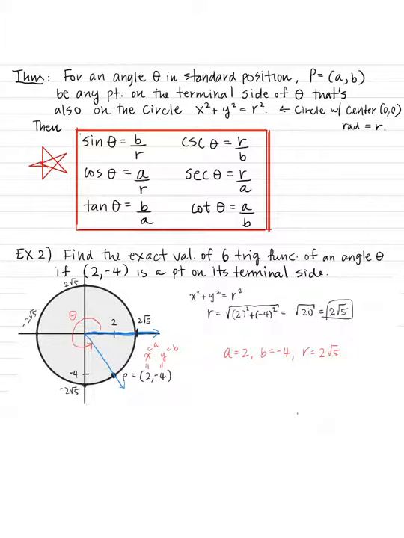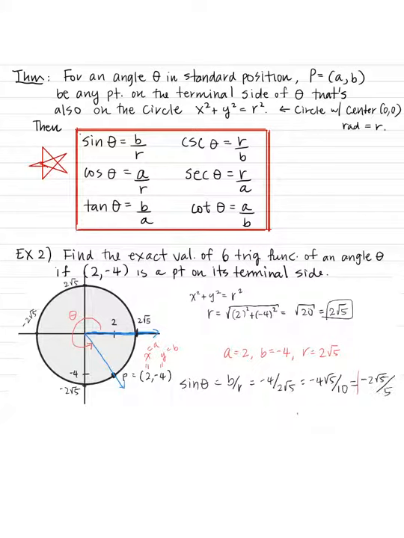So this means what then? Sine of theta is b over r, which is negative 4 over 2 root 5. Rationalize, and we have negative 4 root 5 over 10. Always reduce, so 2 goes into 4 and 10, and we get negative 2 root 5 over 5.